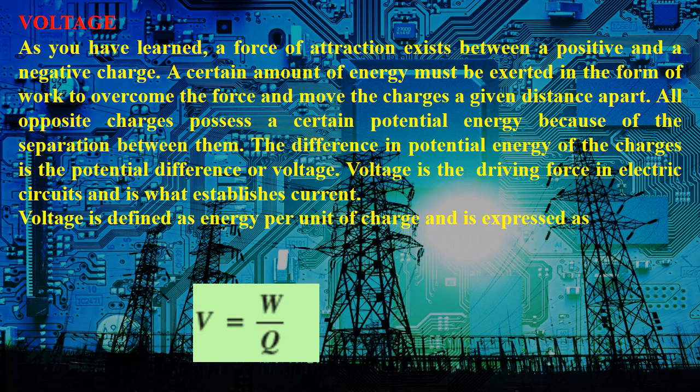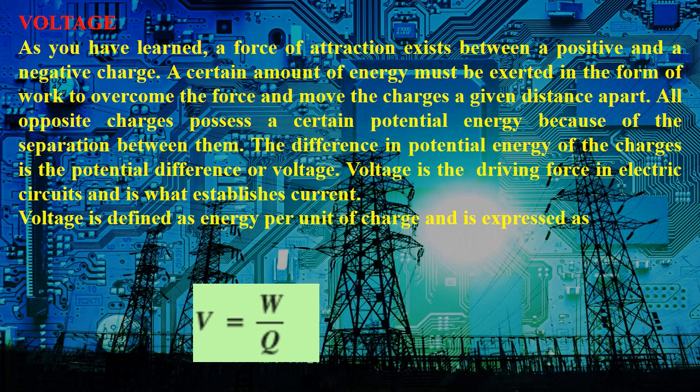Now let's look at voltage. As you have learned, a force of attraction exists between a positive and a negative charge. A certain amount of energy must be exerted in the form of work to overcome the force and move the charge a given distance apart. All opposite charges possess a certain potential energy because of the separation between them.